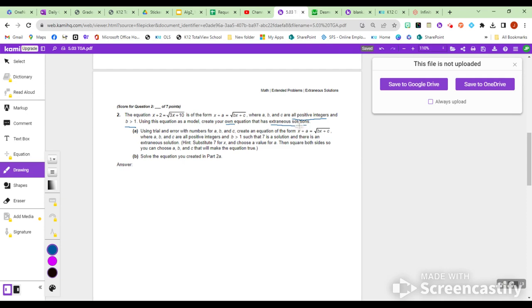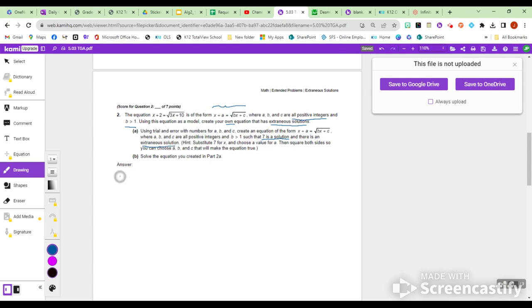So you've got to create an equation that is in this form, x plus a equals the square root of bx plus c, where a, b, and c are all positive integers, and b has to be greater than 1, such that 7 is a solution, and there is an extraneous solution. And then there's a hint.